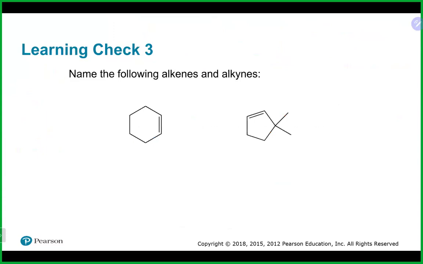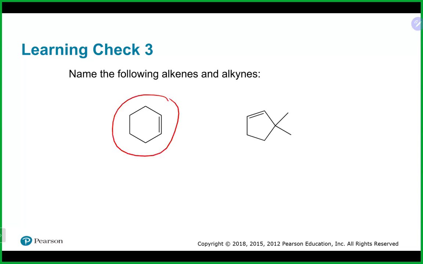Why don't you give the name of each of these? All right, the whole thing here is the longest carbon chain, nothing else there.